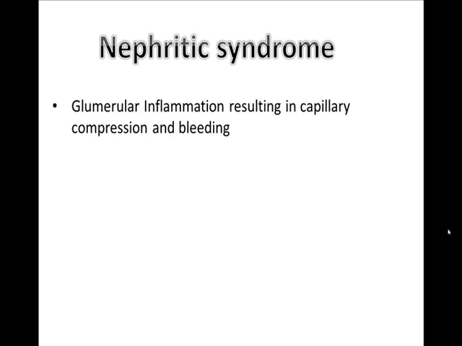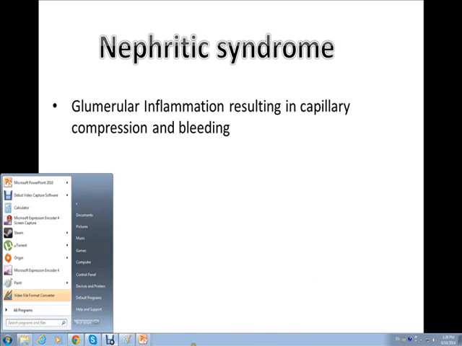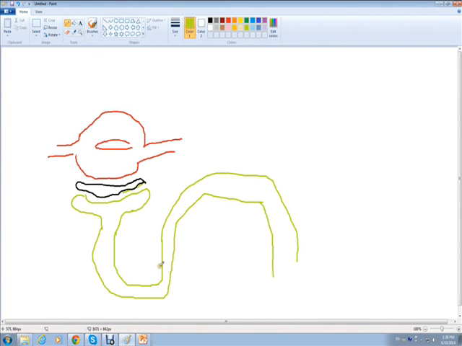Nephritic syndrome is a condition where there is a severe inflammation of the glomerulus, and due to this severe inflammation, the result is capillary compression, the capillaries of the kidney are compressed, and due to this compression we will have a reduction of glomerular filtration rate.